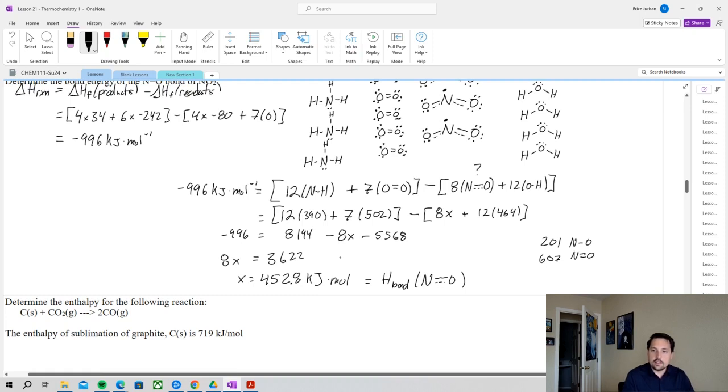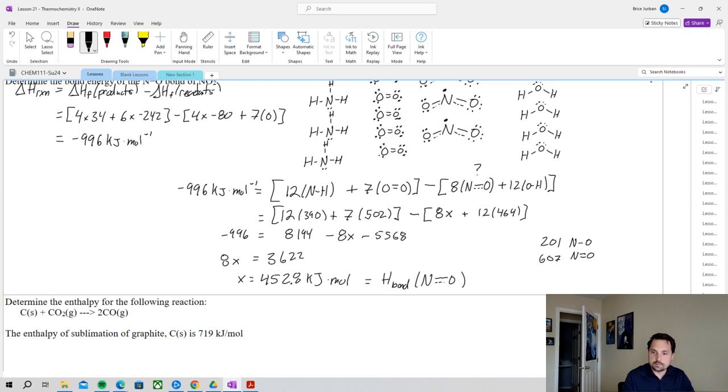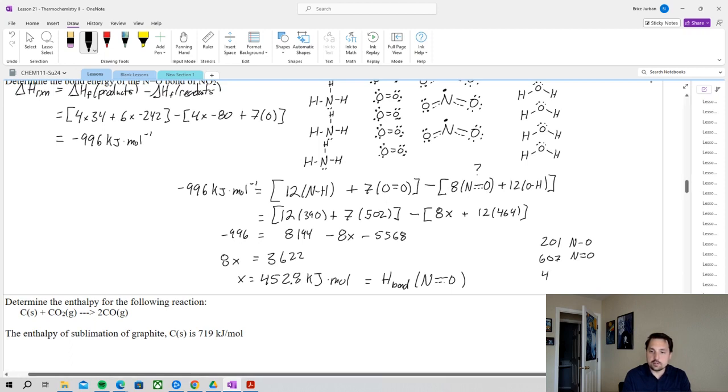And we can see here that if we average the two, that value is 404. So it's pretty close to giving us an average between the two.